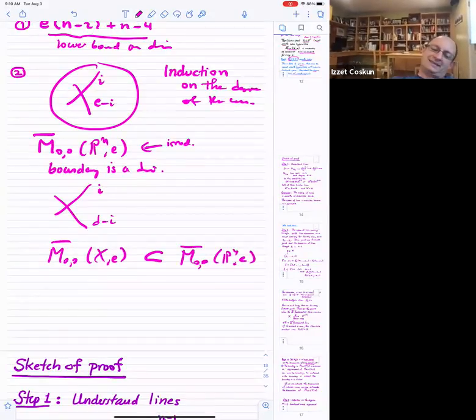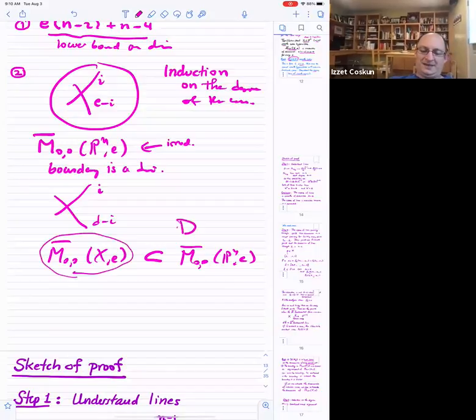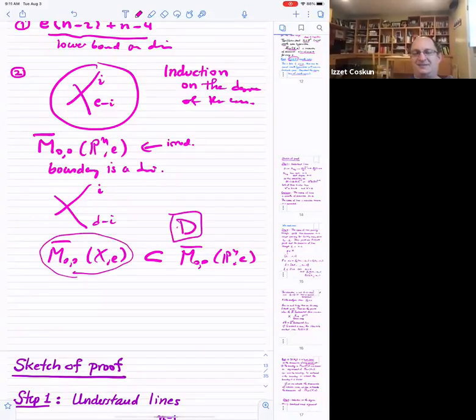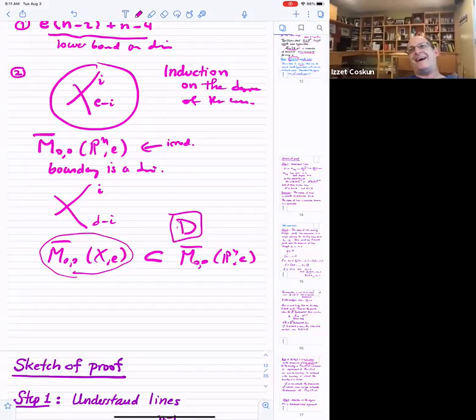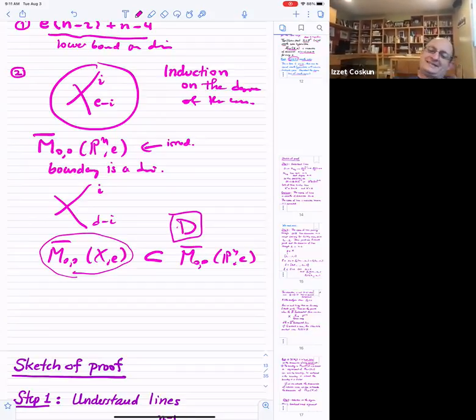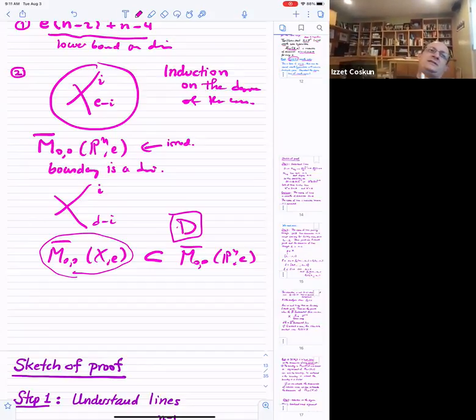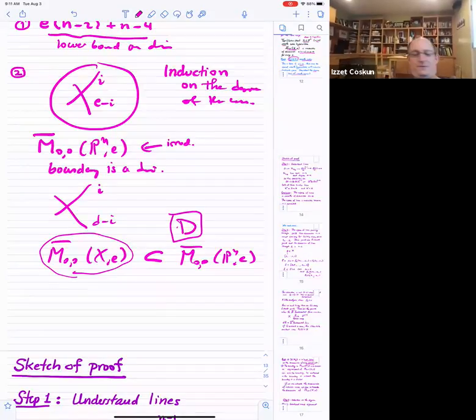The question you can ask is, if I have this divisor, how does it intersect the space? Because this is a divisor, the Krull Hauptidealsatz tells you that this thing is defined by an equation locally. This equation can be identically 0 on this, or it can cut out a divisor, or it could be identically a unit. Those are the 3 possibilities.